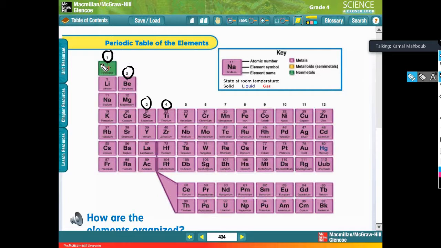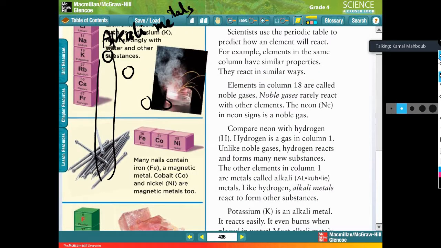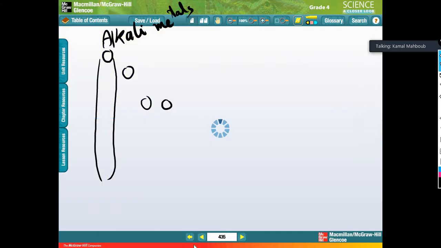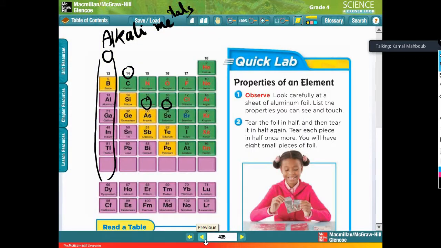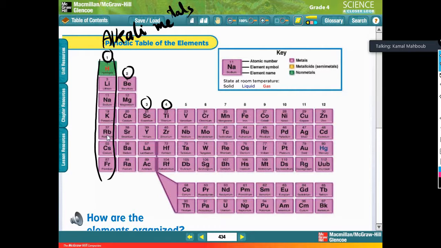Now if you look over at the first group here, this first group is called alkali metals. That is the first group we have in this table. And these alkali metals, all or most of the elements in this group will react like each other, the reaction with water for example.